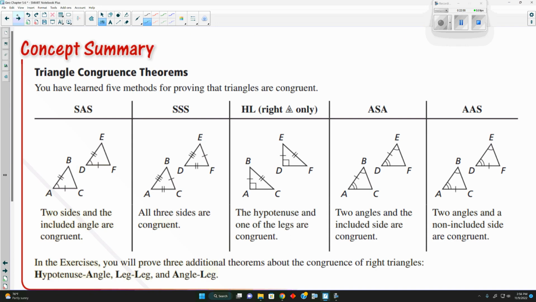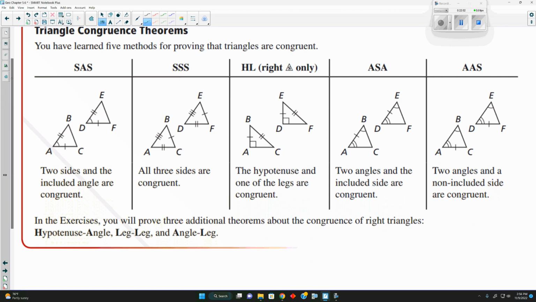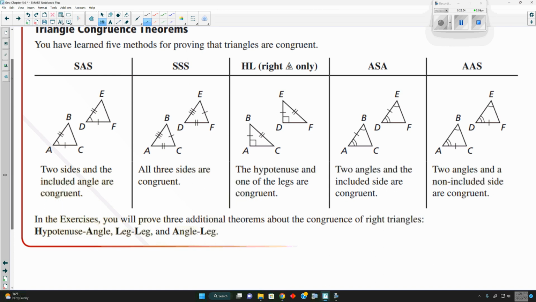So, for congruent triangles, we've learned 4 out of the 5 here. I don't like 5, or the middle one, because it does work. It's a special case only if it's a right triangle. If it's a right triangle, we can use hypotenuse leg, but it has to be a right angle.